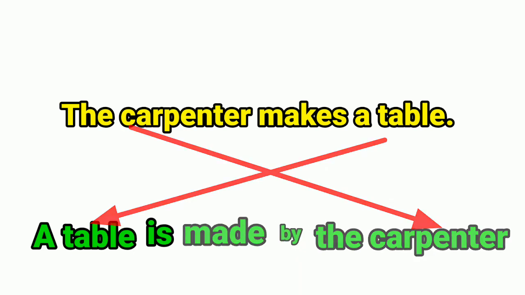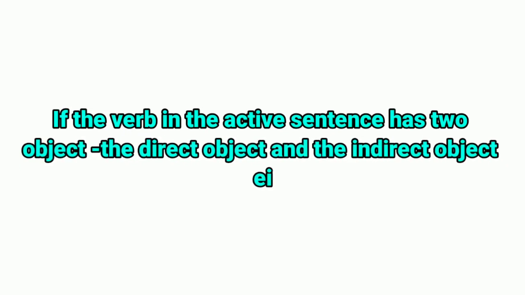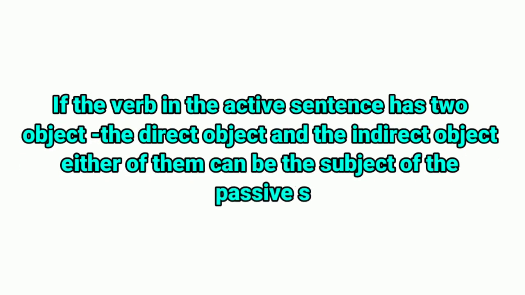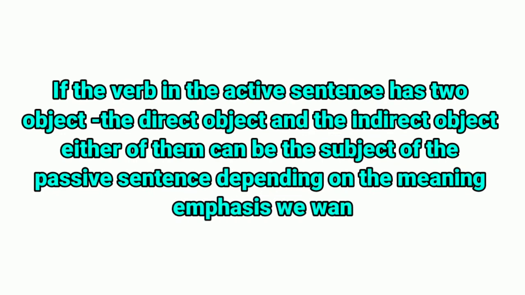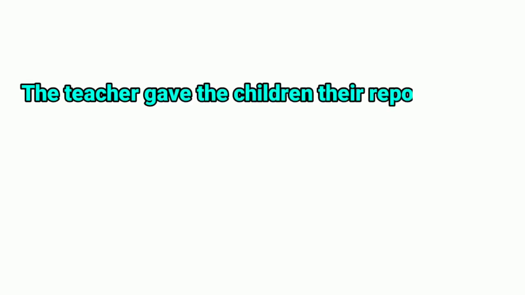The next important rule is if the verb in the active sentence has two objects, the direct object and the indirect object, either of them can be the subject of the passive sentence depending on the meaning emphasis we want to convey. For example, the teacher gave the children their report cards.